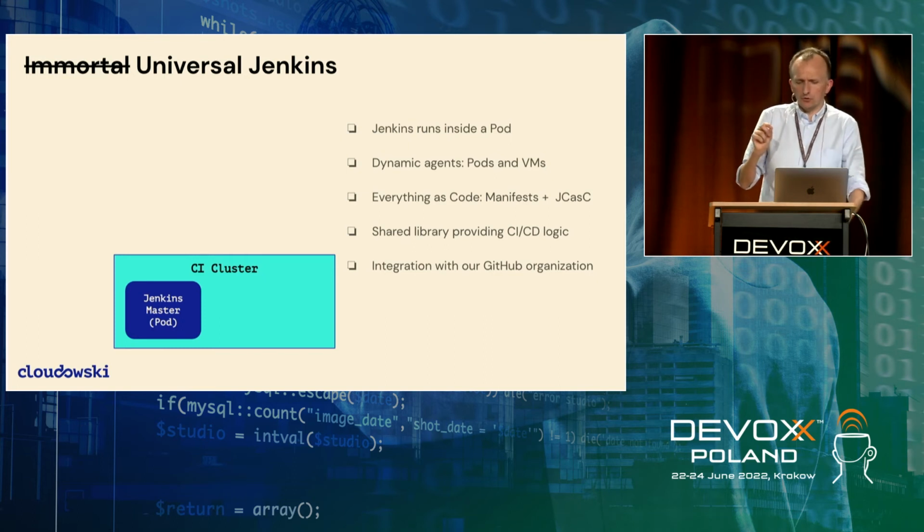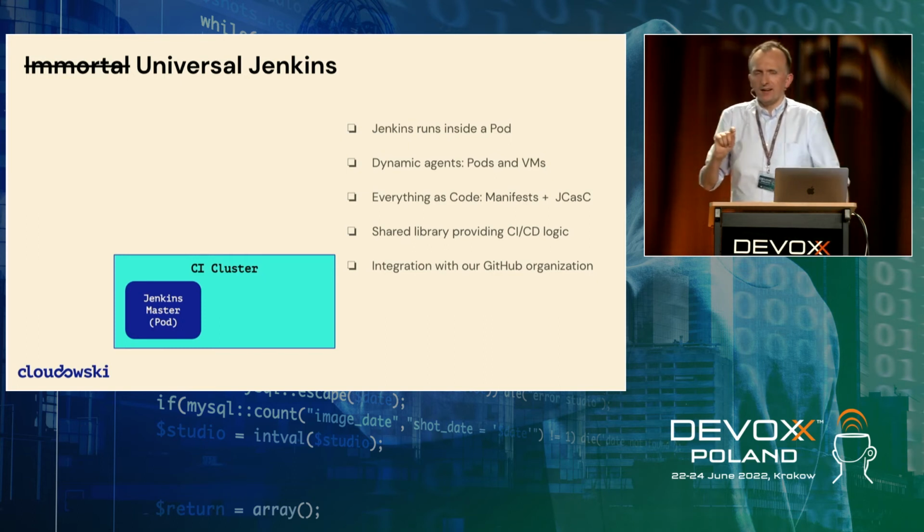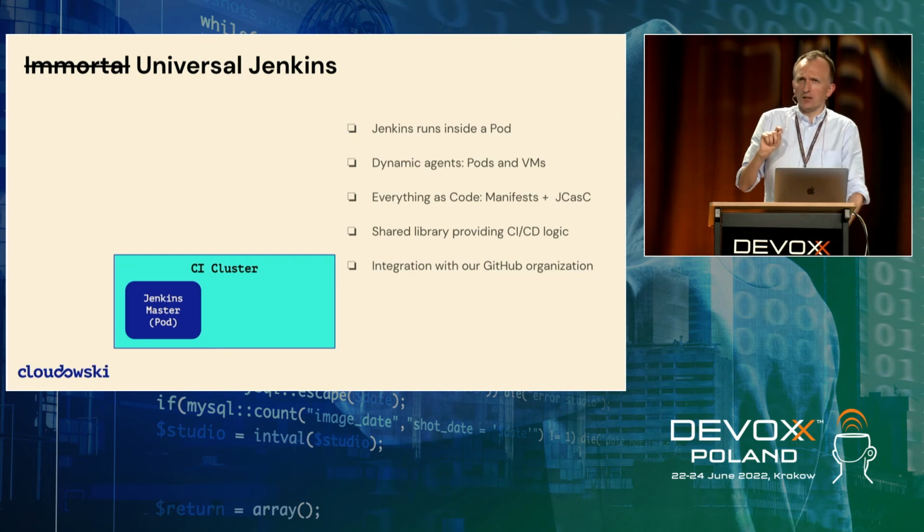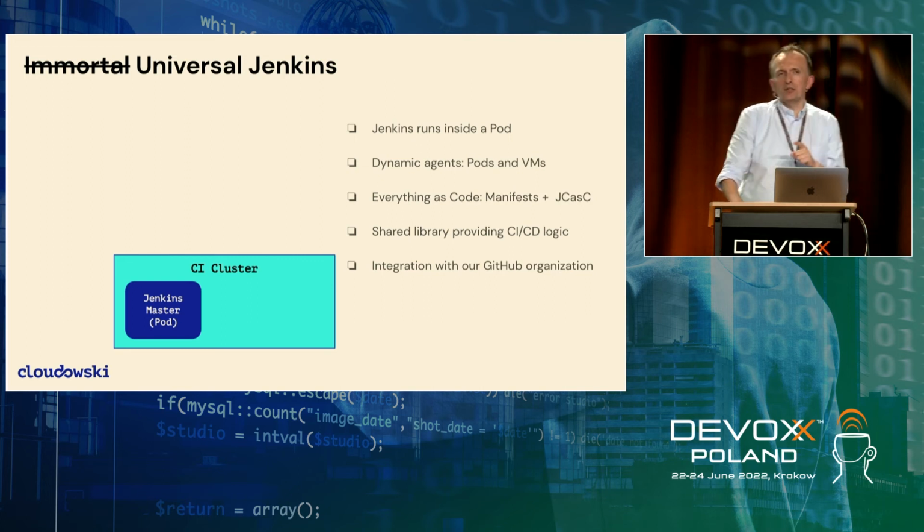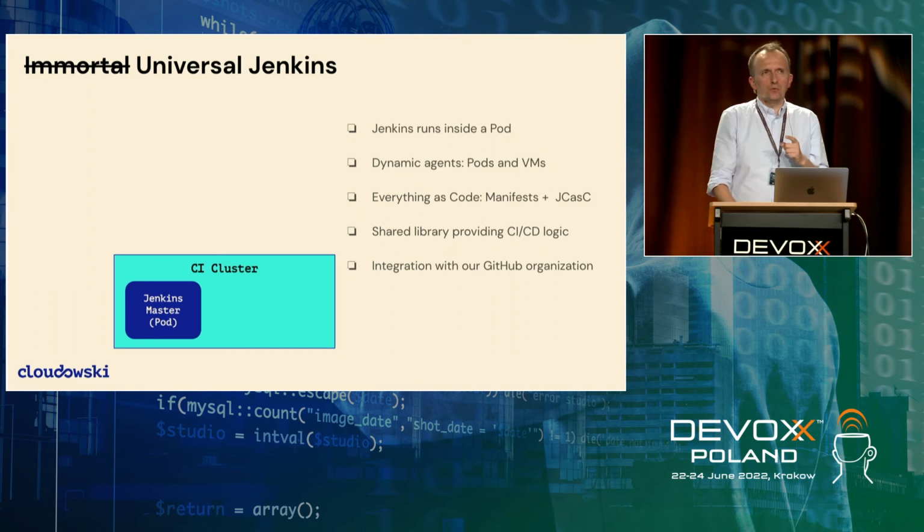But let me just go back to Jenkins. We use Jenkins a lot. I wouldn't say we overuse it, but almost all of the things that can be automated are automated using the tools that I described, or some Jenkins jobs. The key here, the key for robust and efficient Jenkins is to run it inside Kubernetes.